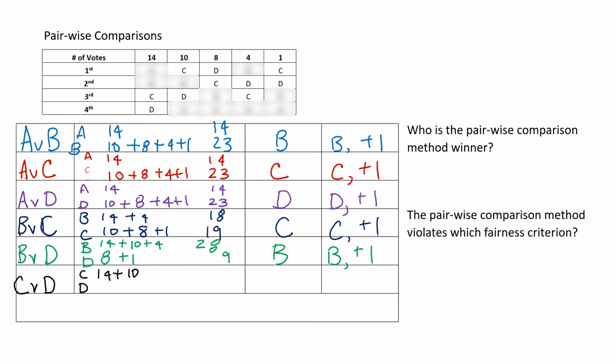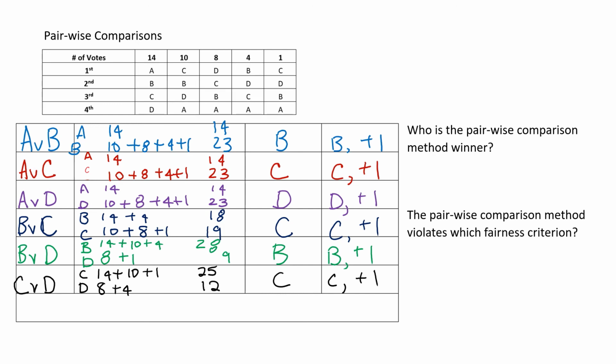On the third ballot, D is ahead of C, so D gets 8 points. On the fourth ballot, D is ahead of C, so D gets 4. And on the last ballot, C is in first place, so C gets that 1 point, and the score ends up being 25 to 12. C has more, so C gets the 1 point.